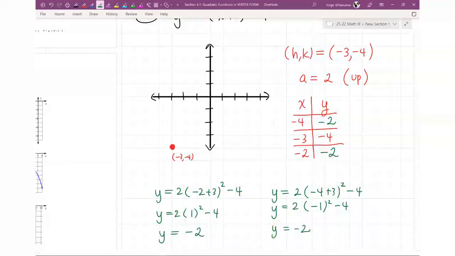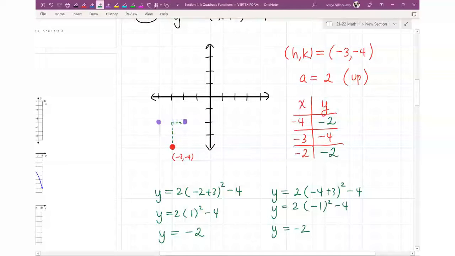Okay? So let me graph these, and then I'm going to show you the thing I want you to see. I'm going to graph these points here. Negative 4, negative 2, negative 2, negative 2. Okay? So there they are. Now, notice something, guys. How many times do I go up and over?